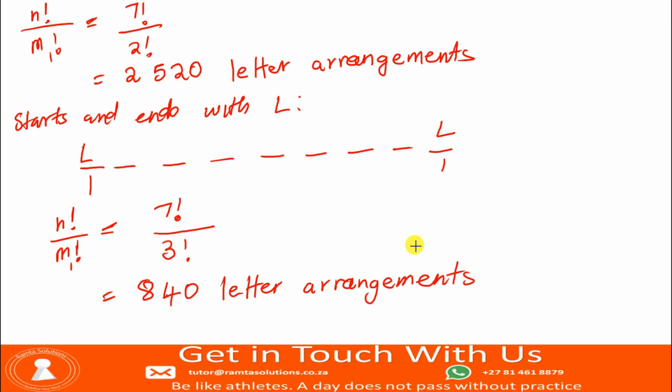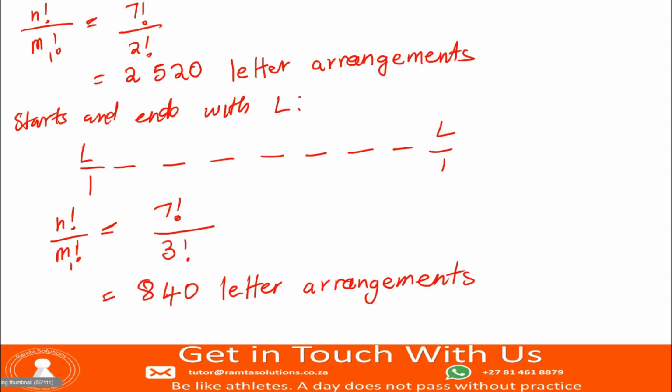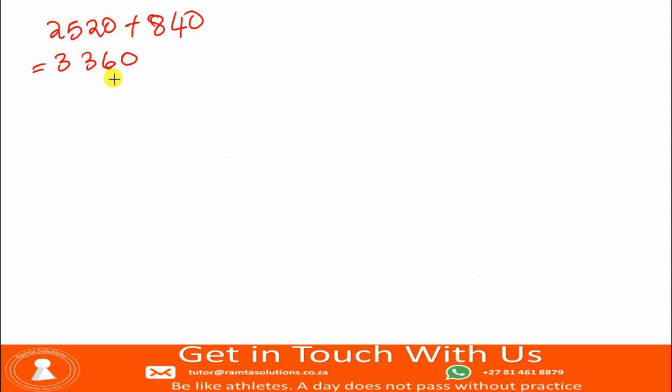All right. Now we are not done. Remember, the words could start with E or could start with an L. Therefore, let's just say 2,520 plus 840. What is it? It is 3,360.